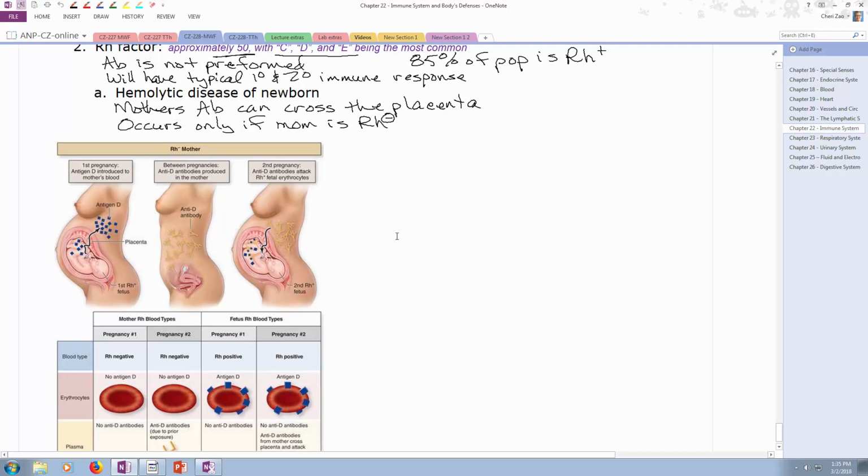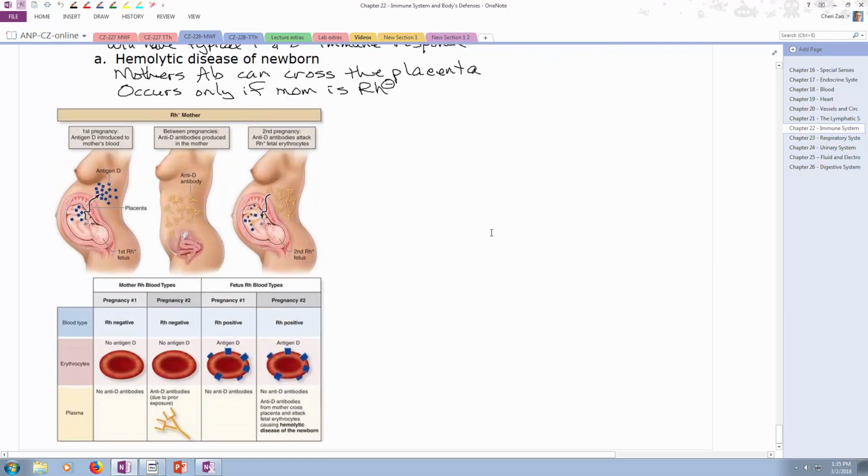So let's take a look at our diagram here. First, pregnancy, antigen D. So that's one of those common Rh factors. Antigen D is introduced into mother's blood because we have our first baby being Rh positive.